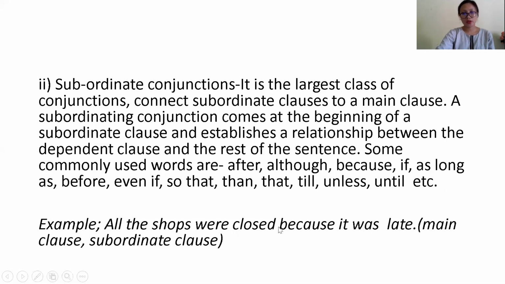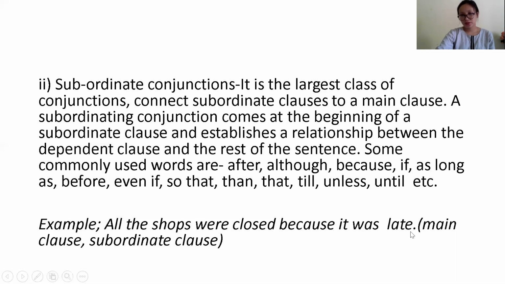Here, I've given one example: All the shops were closed because it was late. See here, all the shops were closed. It has a meaning, right? It is a group of words that makes a meaningful sentence. This is the main clause. We call this type of sentence, which makes complete sense, the main clause. It was late.